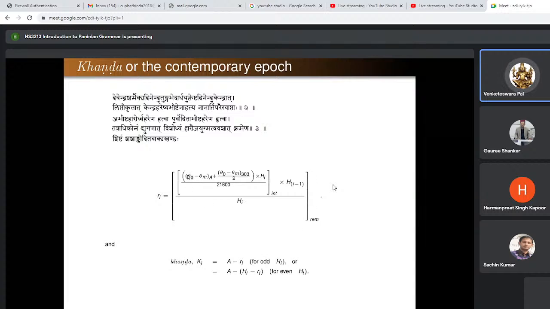What is that remainder? You need to first find theta 0 minus theta m, where theta 0 is the longitude of the moon and theta m is the longitude of its apogee at the day of ahargana. With respect to ahargana A, you need to find theta 0 minus theta m. Then you need to find theta 0 minus theta m for 303 days, and that has to be halved and multiplied by hi.